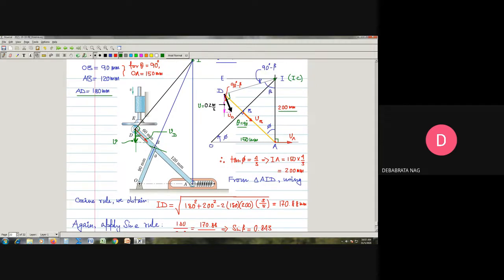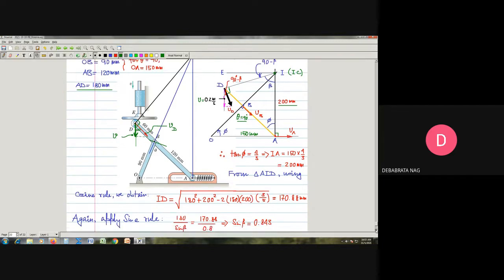Once sine beta is known, we can come here and see that this angle will become 90 degree minus beta, and for the unknown velocity Vd, its cos component is equal to 0.2 meter per second. So Vd cos of 90 degree minus beta, which means Vd sin beta, is equal to 0.2. That is completely given, and I also know sin beta.